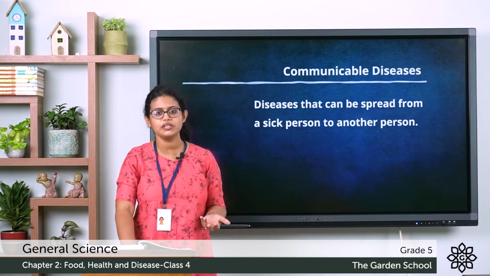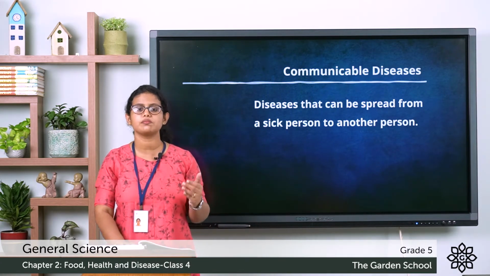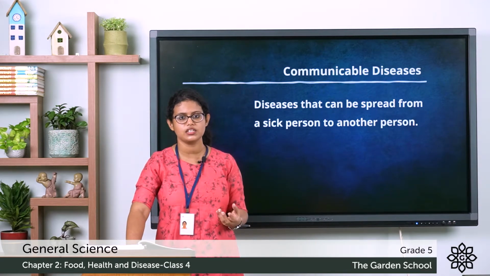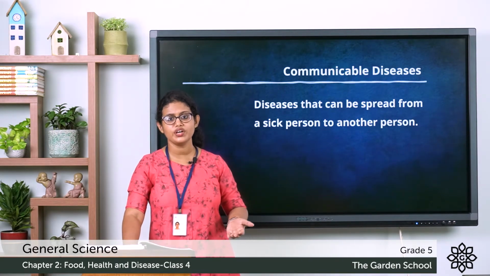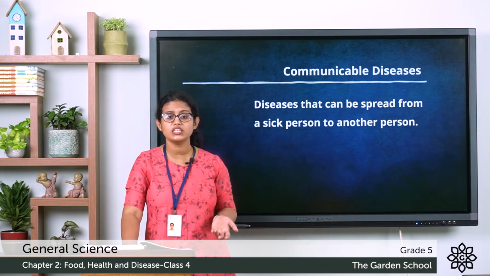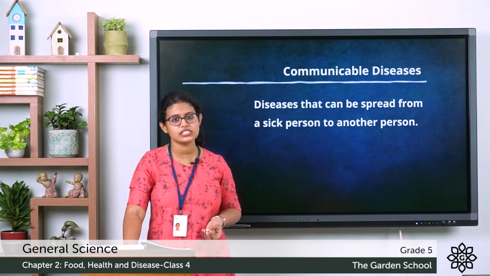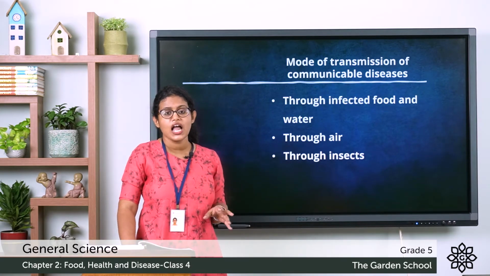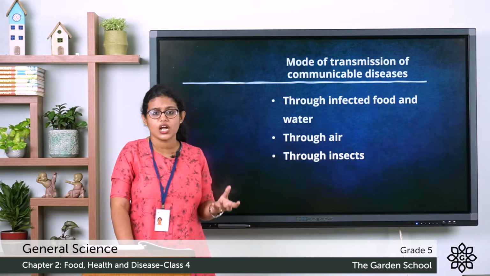So what are communicable diseases? Diseases that can be spread from a sick person to a healthy person. For example, typhoid and cholera are communicable diseases. Now let's see how these diseases are transmitted.